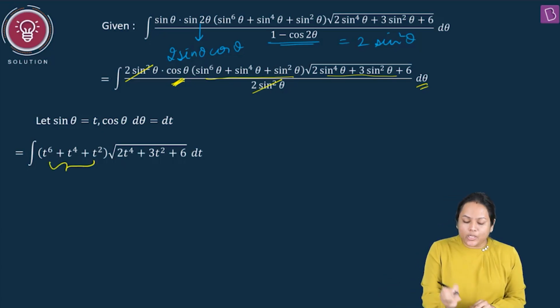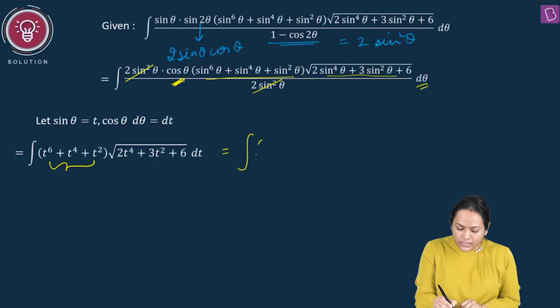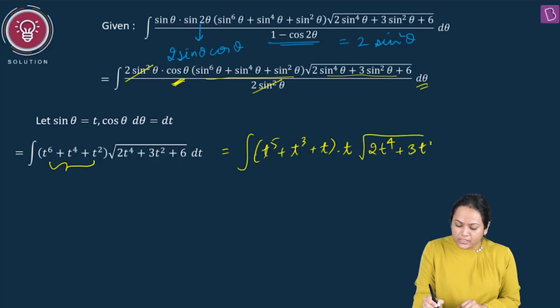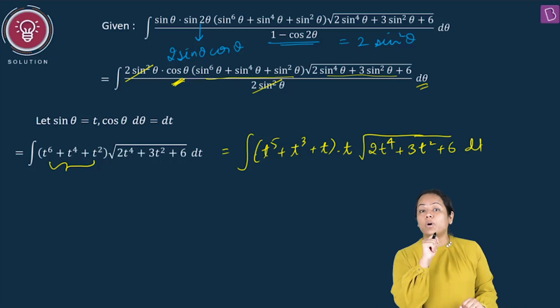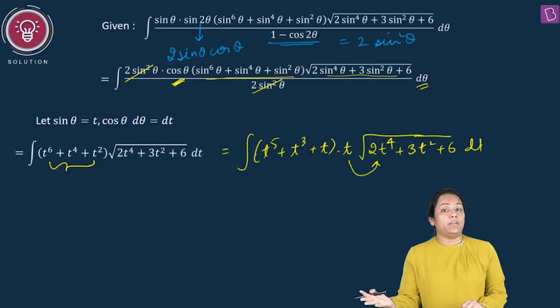Let me take t common from here. So when I take t common, it's going to become t raised to 5 plus t cube plus t. Then I have t and a square root, that is having 2t raised to 4 plus 3t square plus 6, dt. Clear? Now what? Well, now I'll take this t inside the square root.